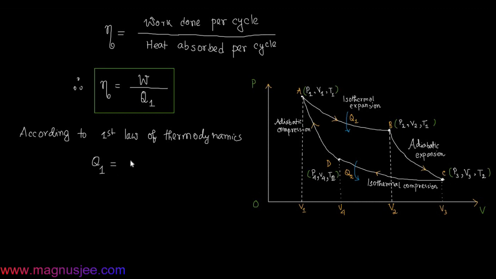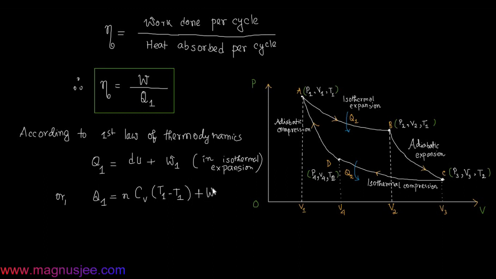That is, Q1 is equal to dU, which is the change in internal energy of the gas, plus work done W1 in the isothermal expansion from the point A to B in the PV curve. Q1 is equal to dU plus W1, where in place of dU we can write nCV(T1 minus T1) plus W1.